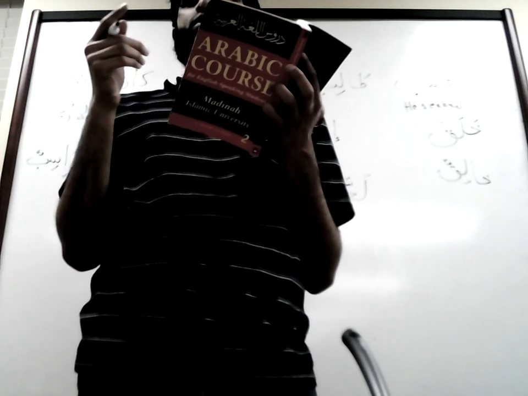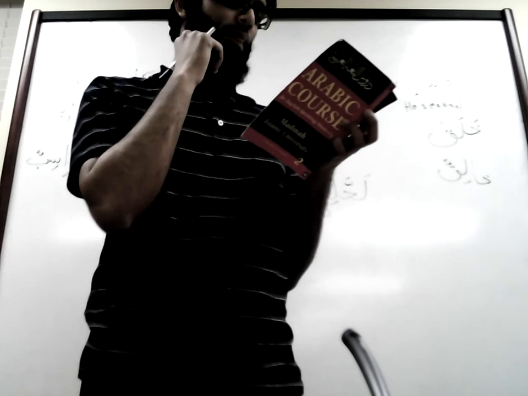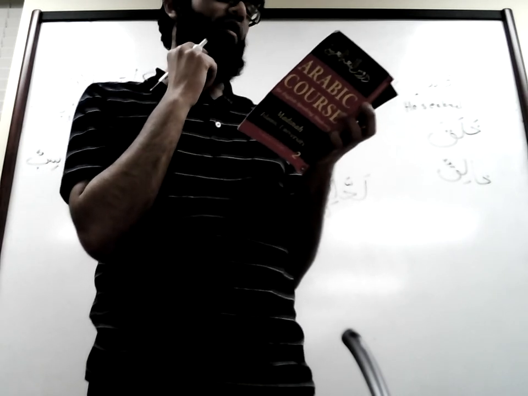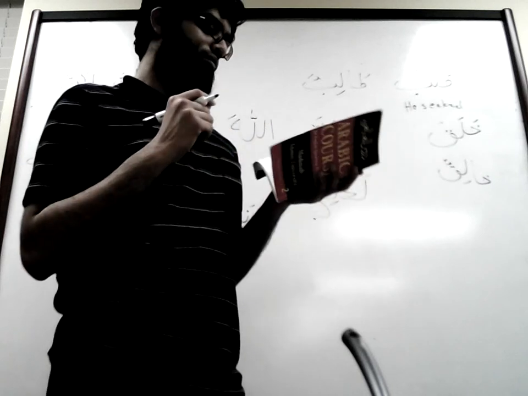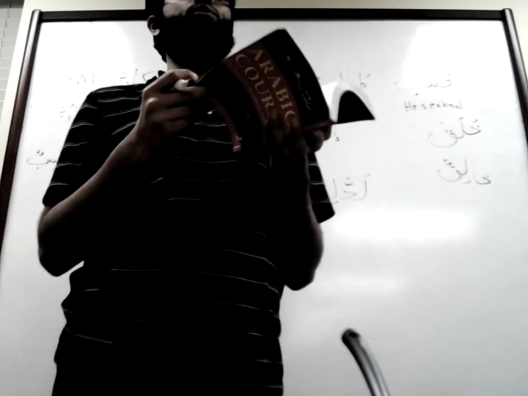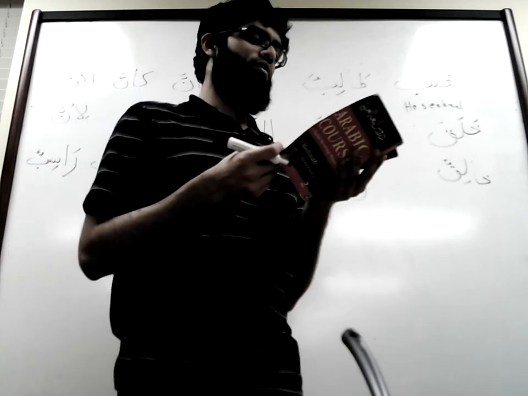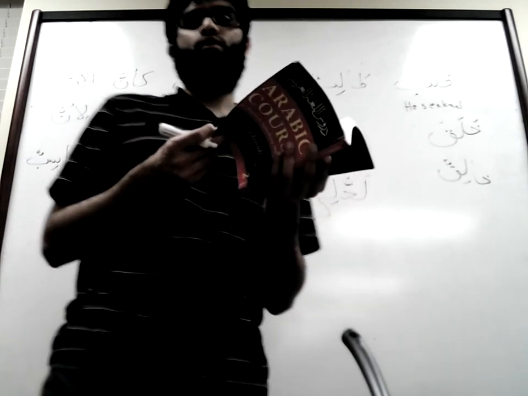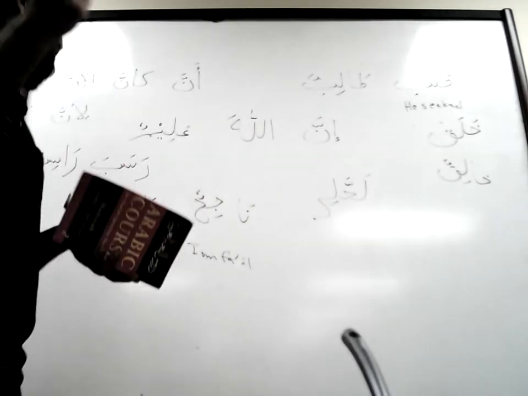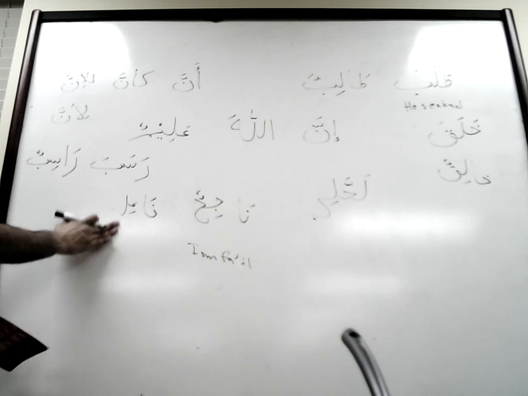Number 10, who was next? Shireen. Number 10, نحن ناجحون. What's نحن ناجحون? We are ناجحون, what's that mean? Successful, right? To make an ism fa'il plural, you just add una.